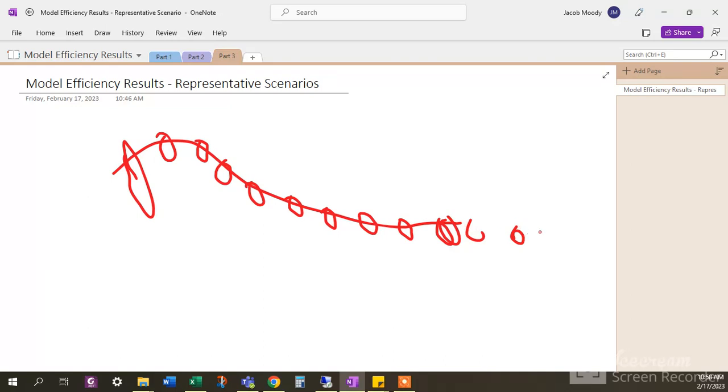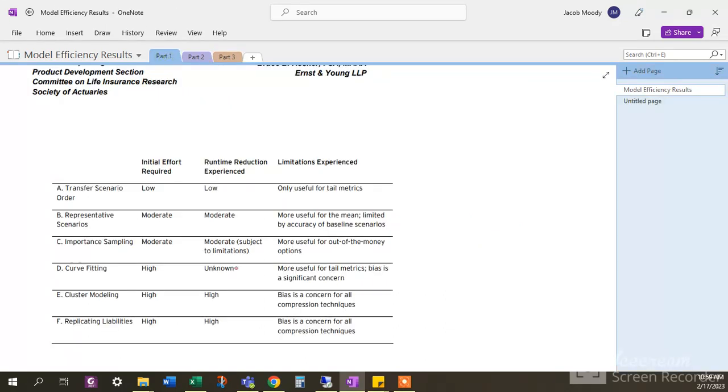Or maybe it picks one really bad scenario, but it missed five of the other ones that are really bad. And so you really miss out on calculating your CTE metrics. But most companies found that it was a minimal error when they were calculating the mean, for instance. And so this was pretty good in that case for the mean, and it's pretty bad for the tail.